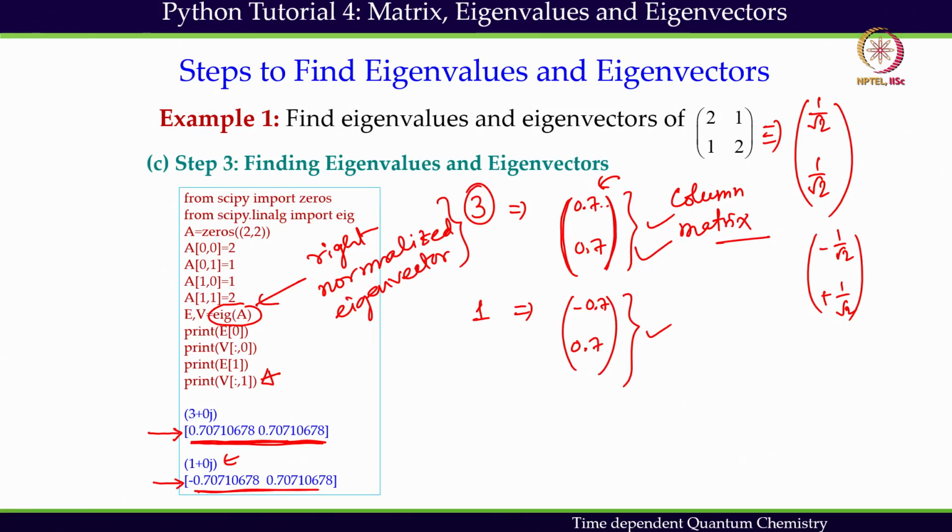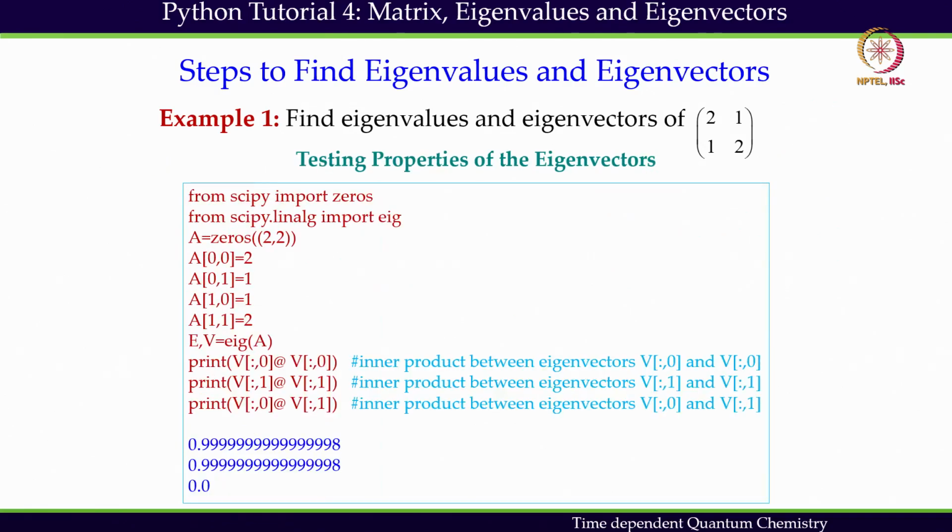And if we have these results, then one can go ahead and test the properties of these eigenvectors. We know that if I have two eigenvectors, then the inner product of each with itself, because it is normalized, should give me 1.